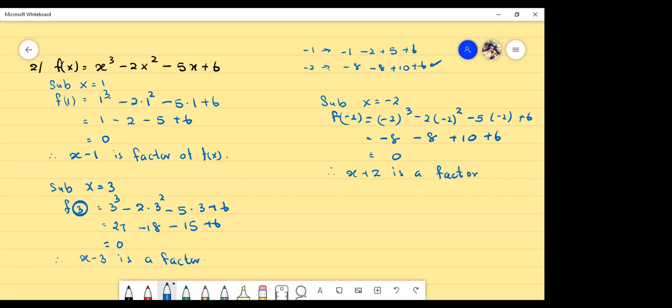Now we have 3 factors. We only have 3 factors because the power is 3. That is a way of only using the factor theorem. We need to know it very well.